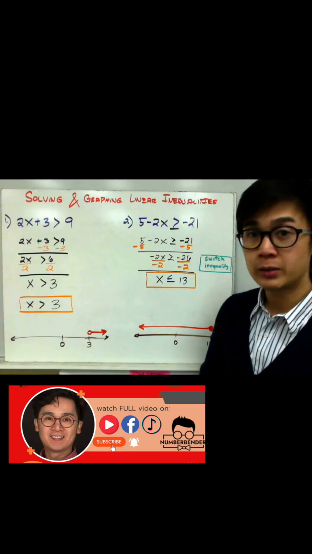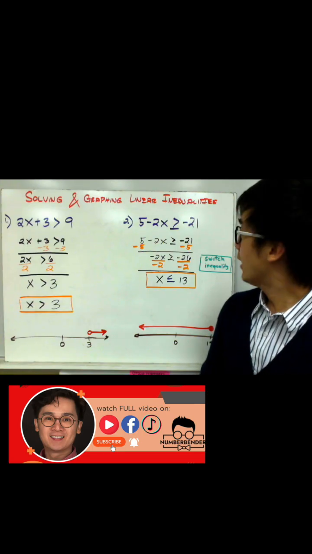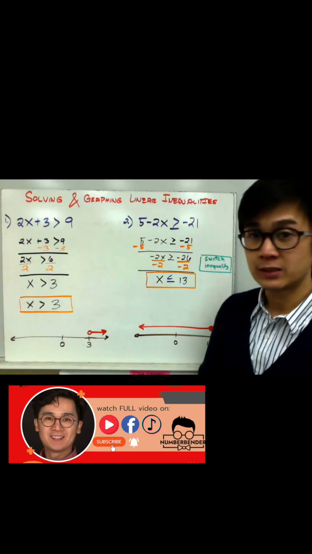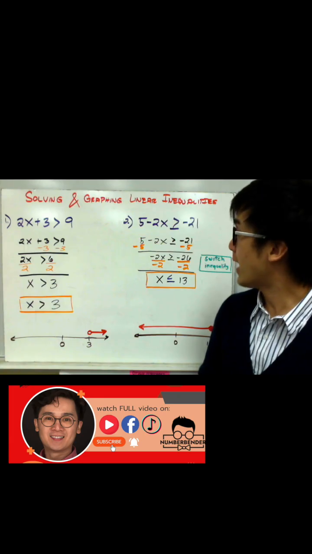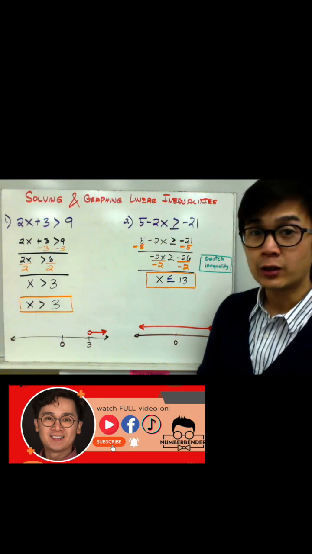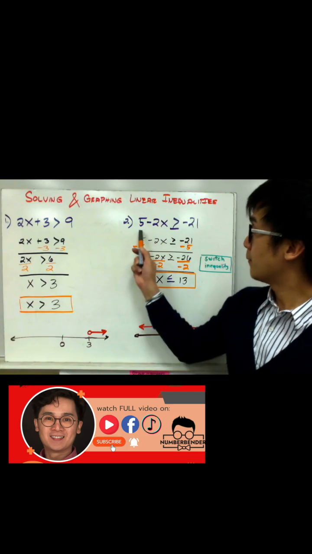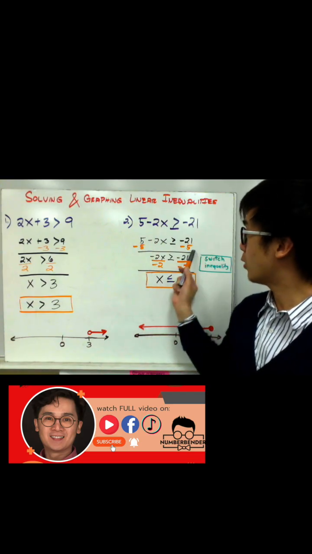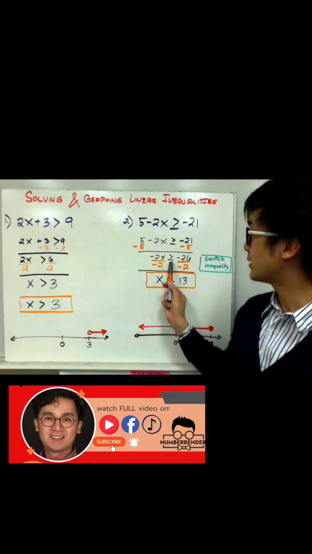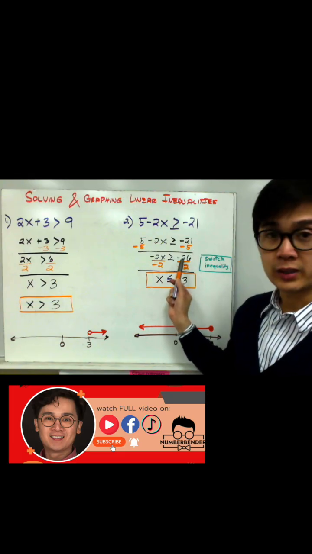For example number 2, I have 5 minus 2x greater than or equal to negative 21. To solve this inequality, you will need two steps again. The first step is to get rid of 5, so I will subtract 5 on both sides. So I'll have negative 2x greater than or equal to negative 26.